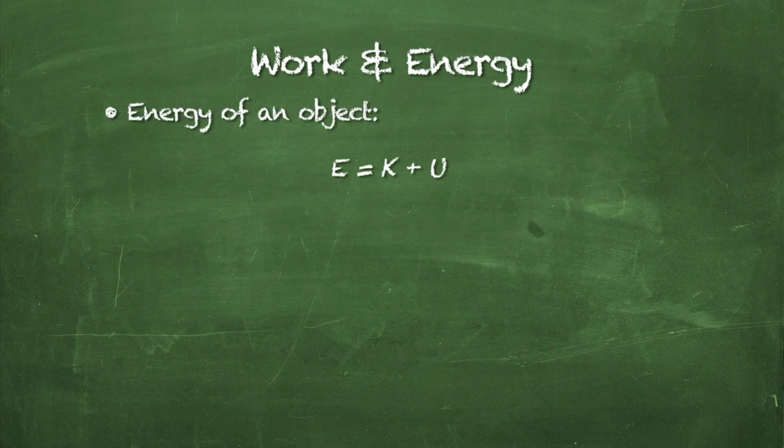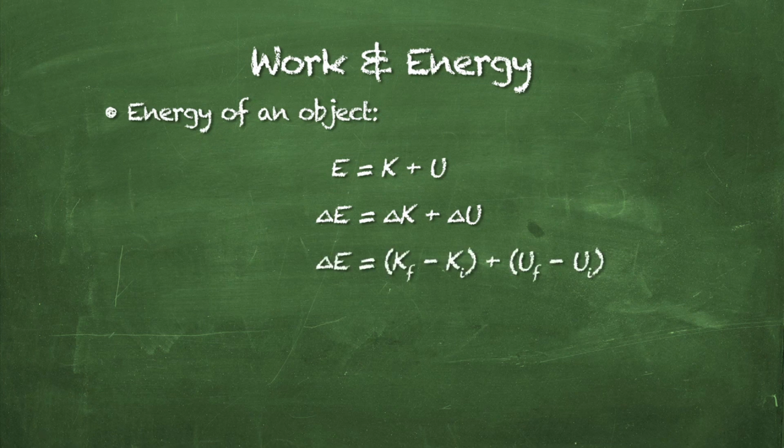If I write that the total energy of an object is the object's kinetic energy plus potential energy, or E equals K plus U, then the change in an object's total energy would be equal to the change in K plus the change in U, or delta E equals delta K plus delta U. Let's expand those deltas.